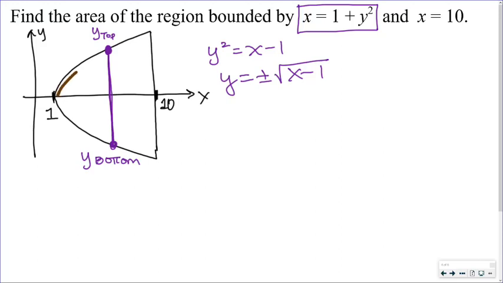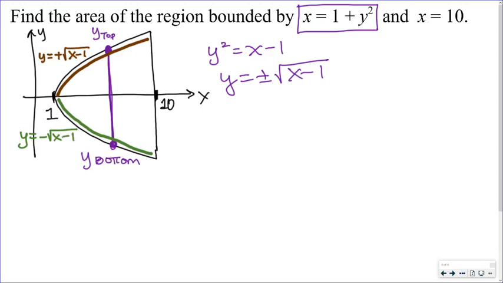Okay, so this top half of the parabola, that is the plus. So that is y equals positive root x minus 1. And then the bottom half down here is the negative square root. So that is y equals negative root x minus 1.